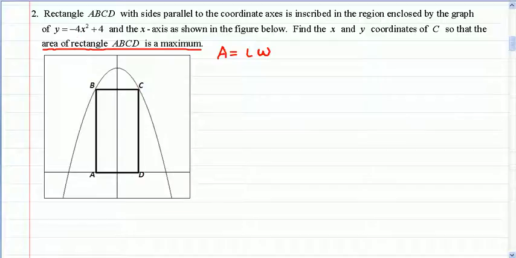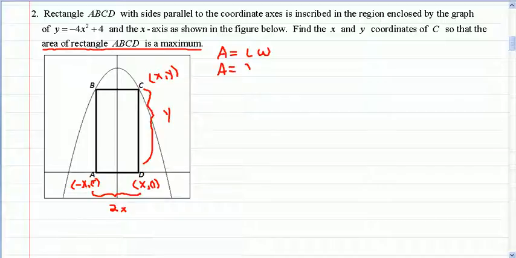So if I think of this point here as the point x, 0, and point A as negative x, 0, then I know that the width of this rectangle is 2x, and the height of this rectangle is y, because the coordinates of C are x, y. So the area is equal to 2x times y.